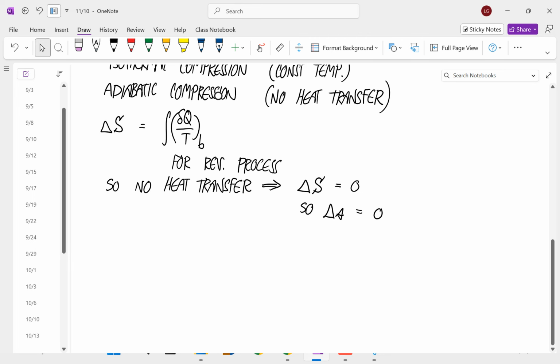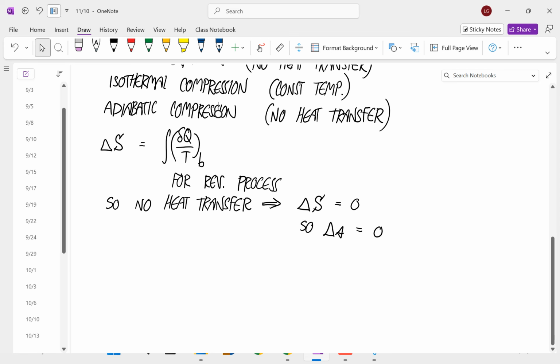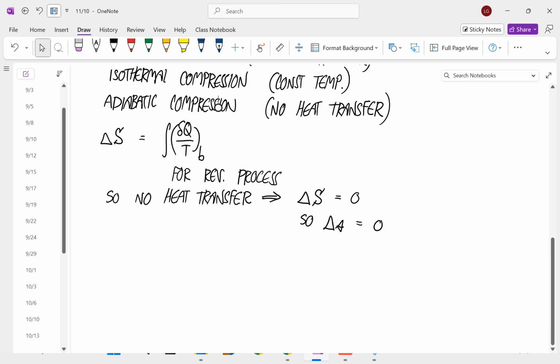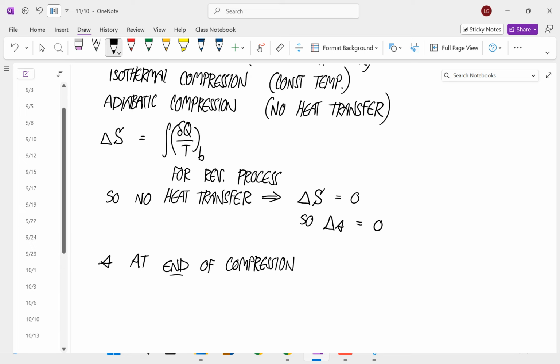So we know that the specific entropy at the end of the compression is the specific entropy at the beginning of the expansion.